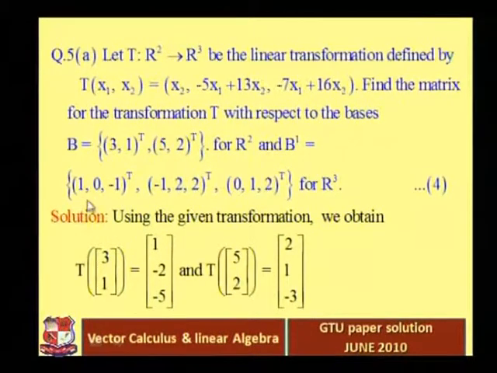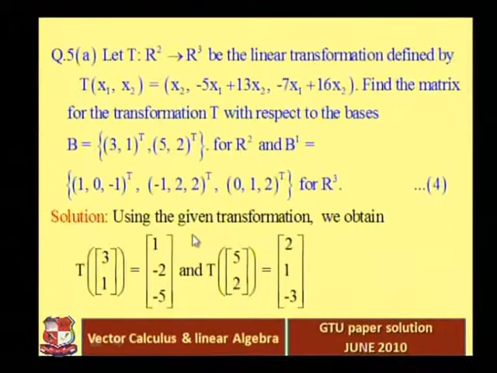And we have a basis for R3, the basis of the codomain. So these two vectors can be written as linear combinations of these three vectors, right? And using that linear combination, we want to find the coordinate vector and put that coordinate vector as a column, right? So that is our required matrix. Okay, so here I explain the process.